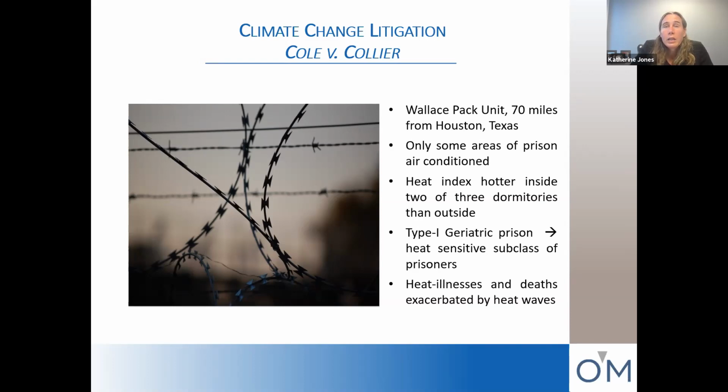And the design of the prison was such that there were only some areas of the prison that were air conditioned. And part of the prison had a geriatric population that was a heat sensitive, essentially subclass of prisoners. A heat wave comes through, and the evidence in the case was that the heat index showed that it was hotter inside 2 of the 3 dormitories than outside.